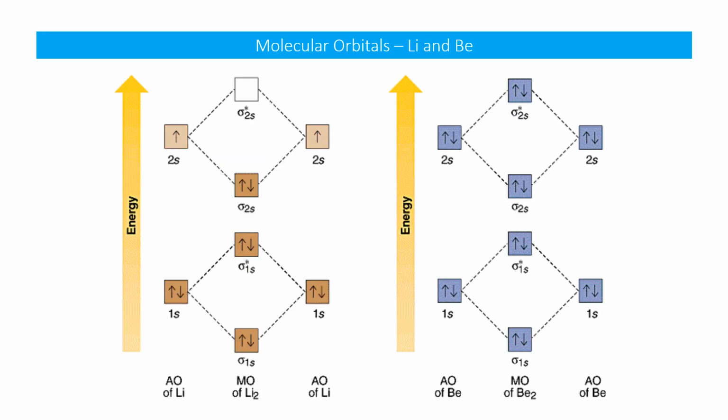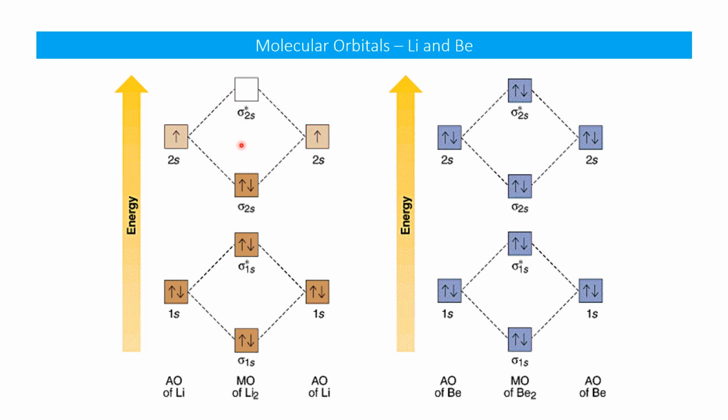We can move on to other systems, such as the lithium and beryllium systems. Now, remind yourself, these are in period 2, and of course now we have the 2s available to us. In the case of lithium, you can see that we have a bond order of 4 minus 2 equals 2, divided by 2, so the bond order is 1.